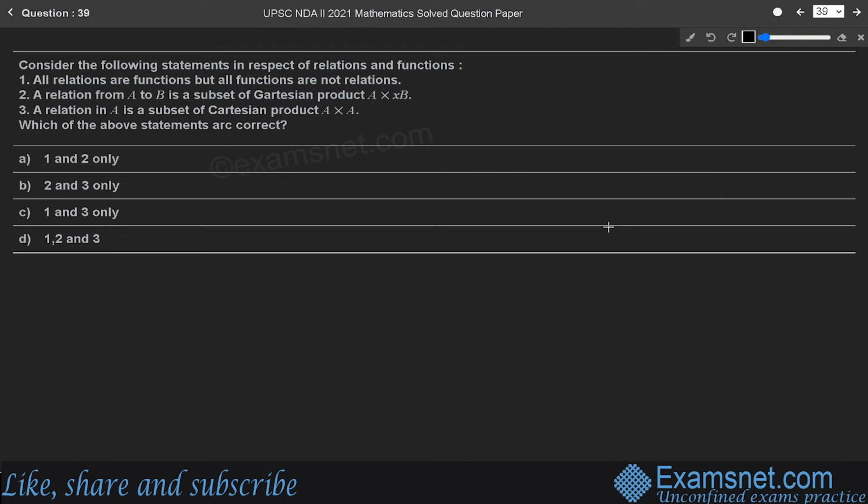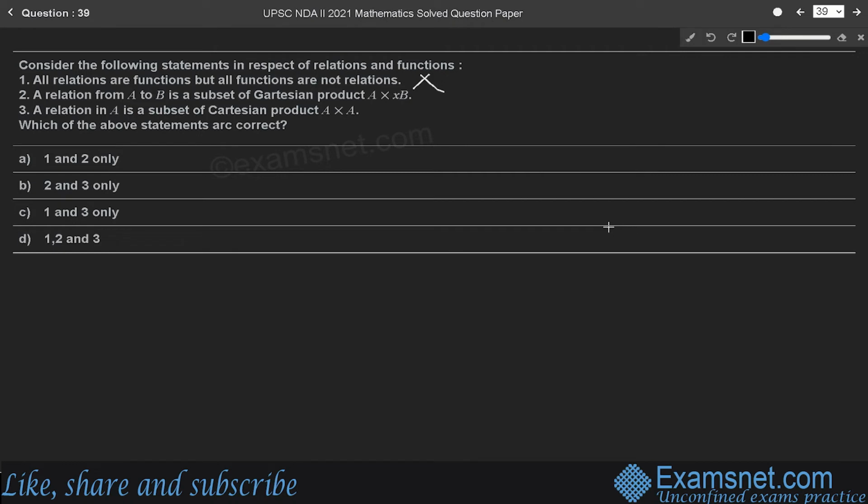Since we know that relations can be functions if every element has a unique image, the first statement will be wrong, because relations are functions only when every element has a unique image. So the first statement is wrong.